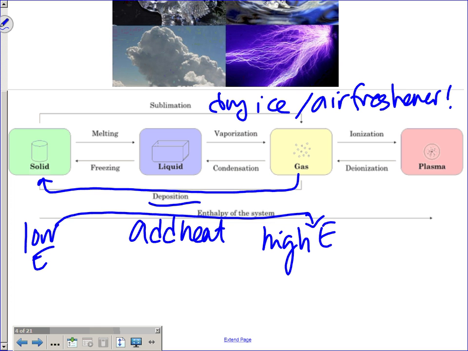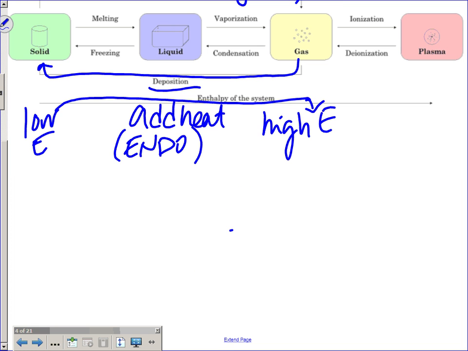Is that an endothermic process or an exothermic process? Endothermic process. This is probably the part where you're like, okay, now we're really hitting that review she was talking about, delta H and delta S again. So if we're going from a low energy state like a solid to liquid to gas, we have to add energy.